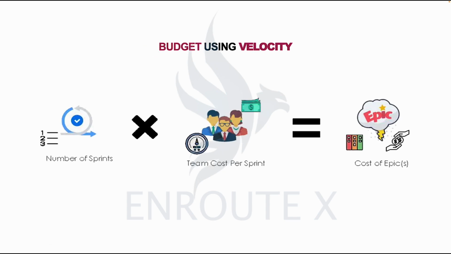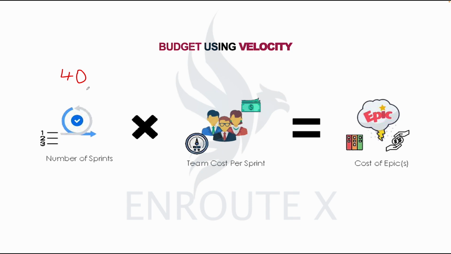In the next class is where we also see what the budget would be like. In the previous example we used, where we arrived at 40 sprints to deliver a particular feature, epic, or product, let's assume it's a product, right? And we arrived at 40 sprints to deliver the entire product.